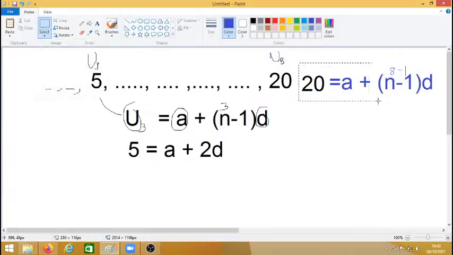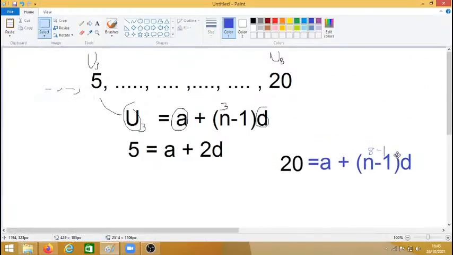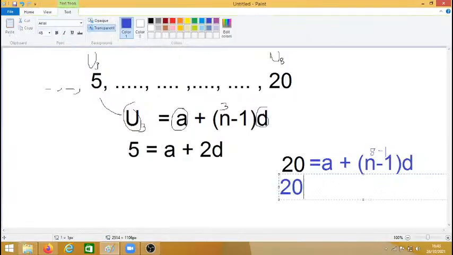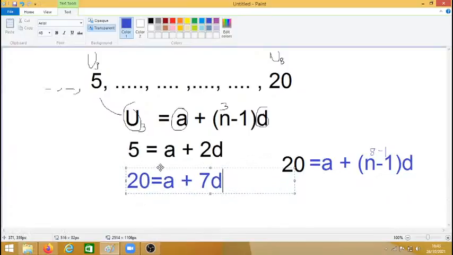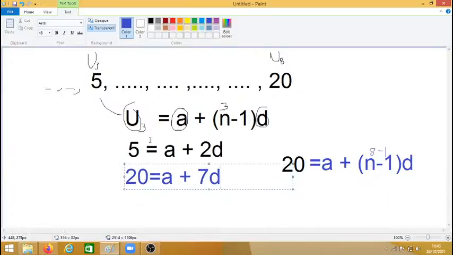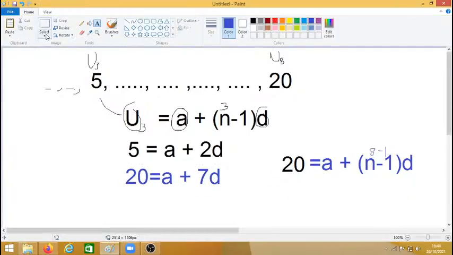So let's take that and let's just move that down a bit and simplify. So we have 20 is equal to a plus, and then 8 minus 1 makes 7, 7d. So that's a second equation which we can put alongside the first equation and try and solve it using simultaneous equations.